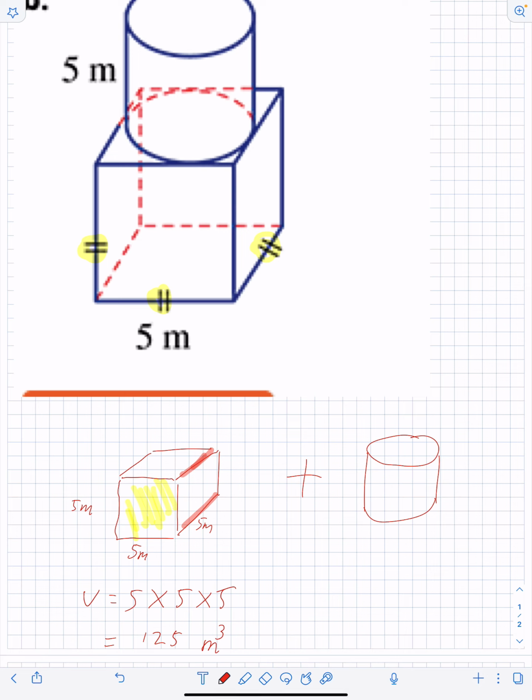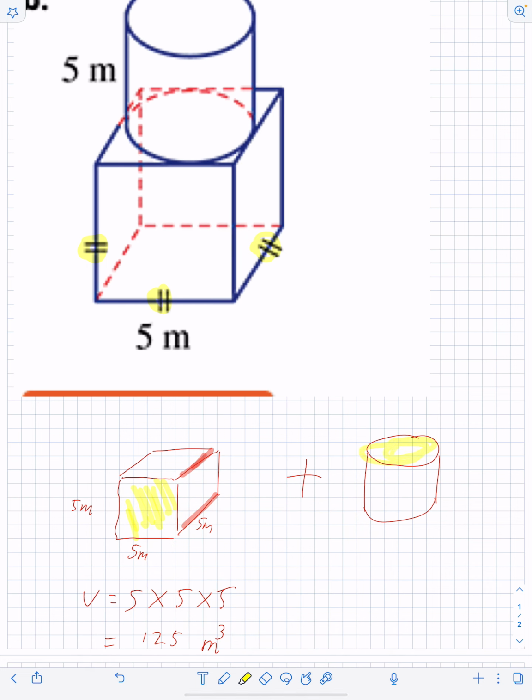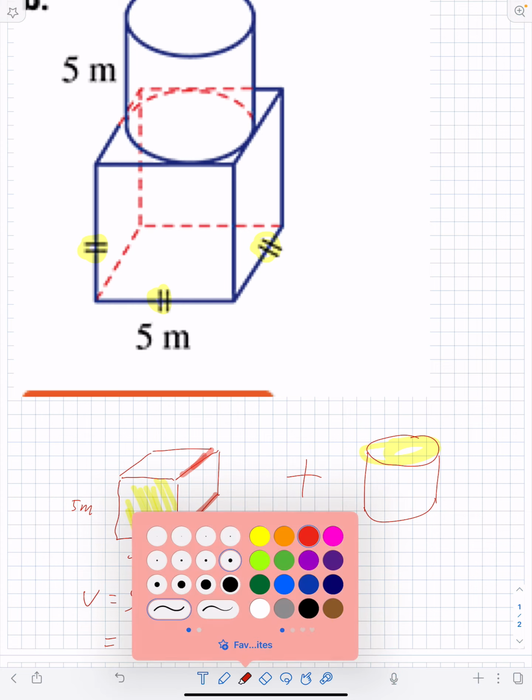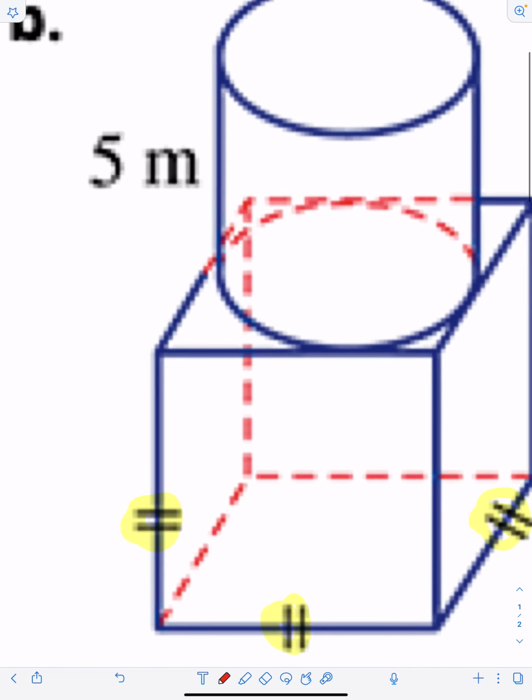Next, what we want to do is find the volume of that cylinder. So it's the same thing with all of these prism questions. We're just looking for the area of what we call a base, all right? And then we're going to multiply that by how deep it is, all right? So let's get some measurements from our picture here.